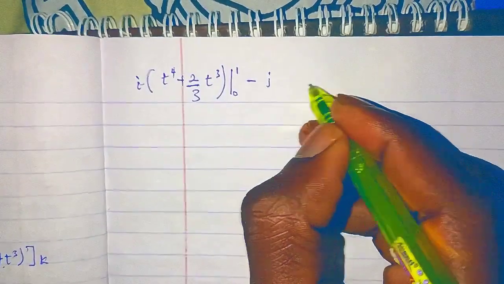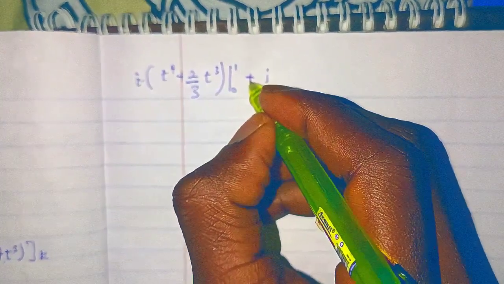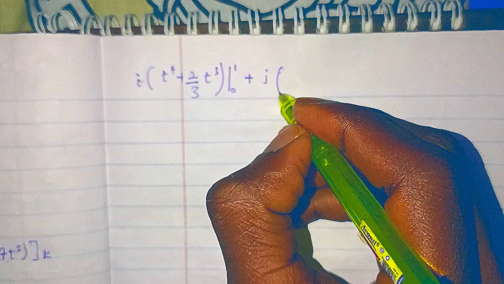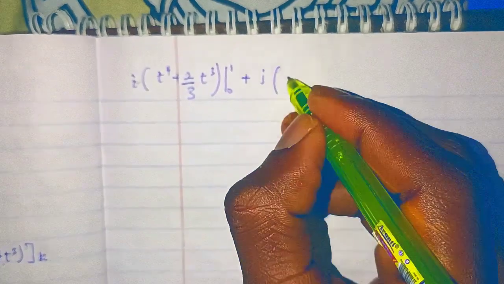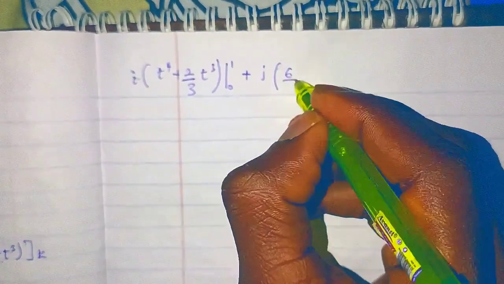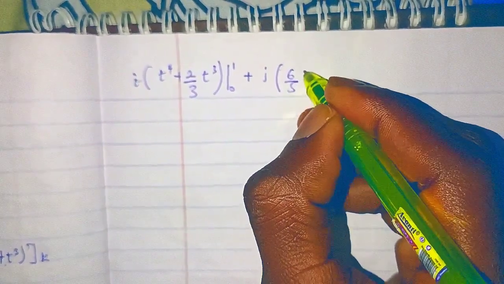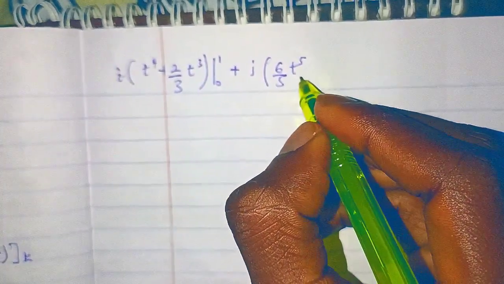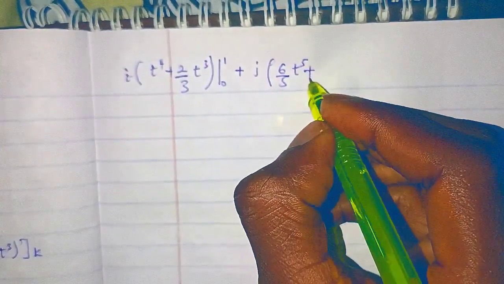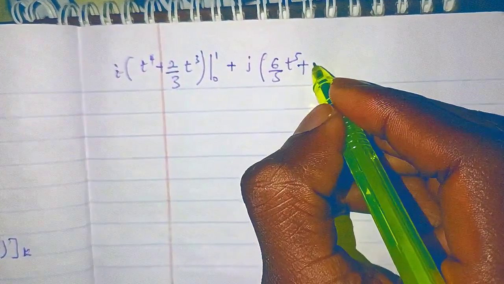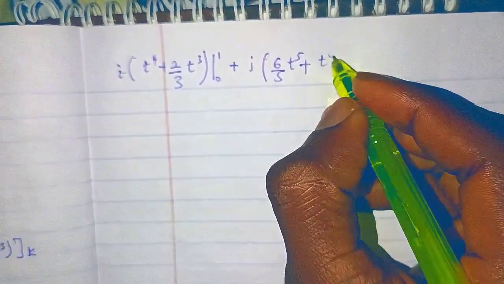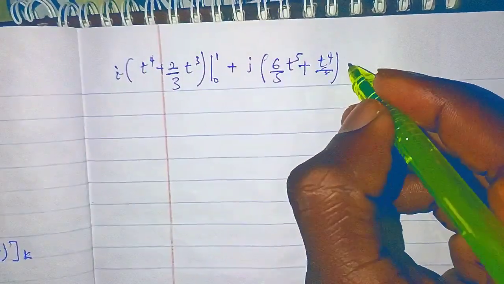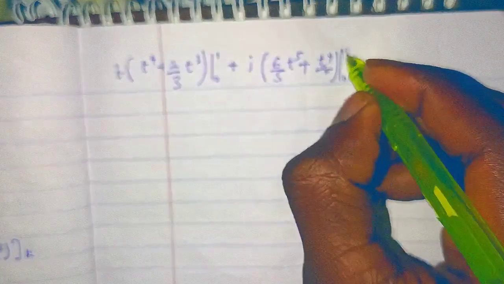The minus inside comes out and multiplies, so this becomes plus, and everything inside becomes plus: 6 all over 5 t to the power 5 plus t to the power 4, taking your limit from 0 to 1.